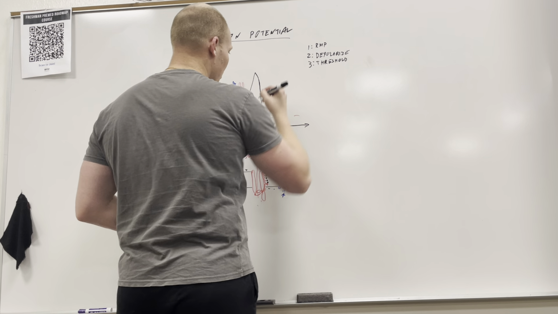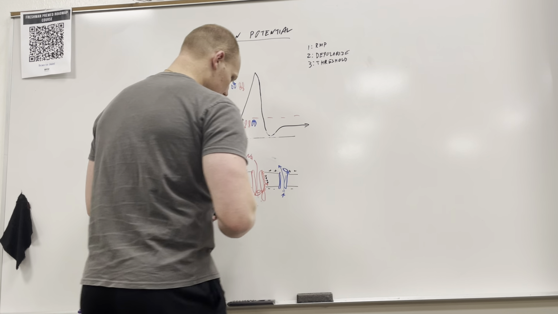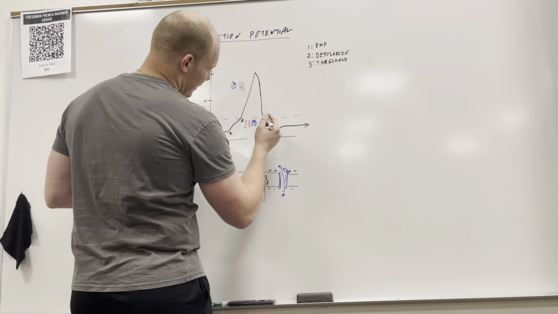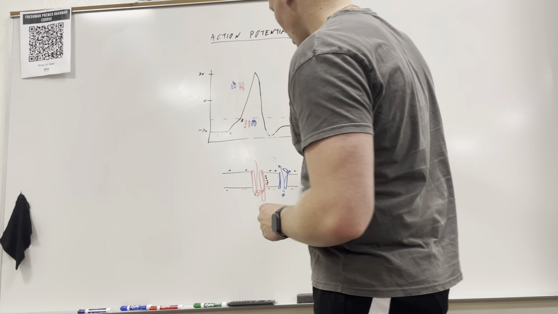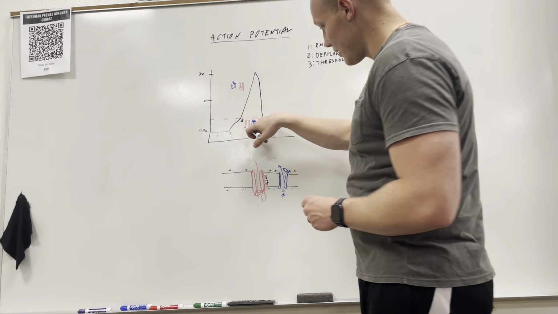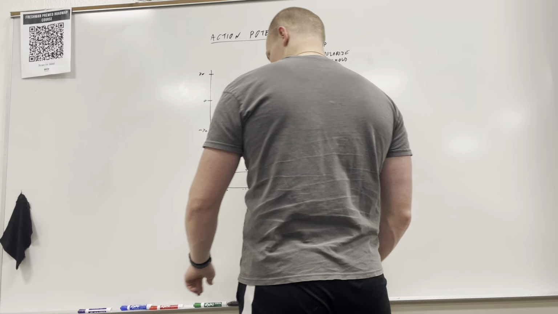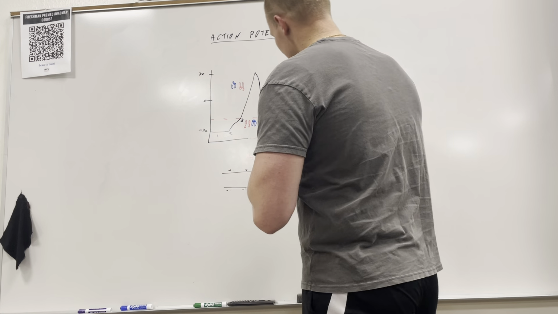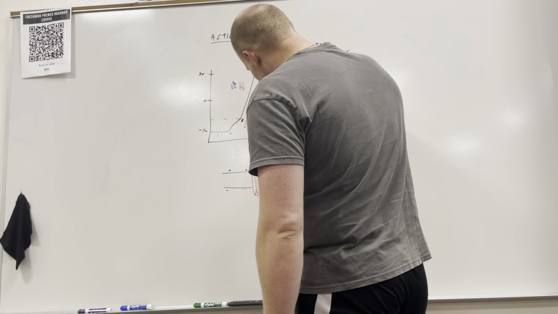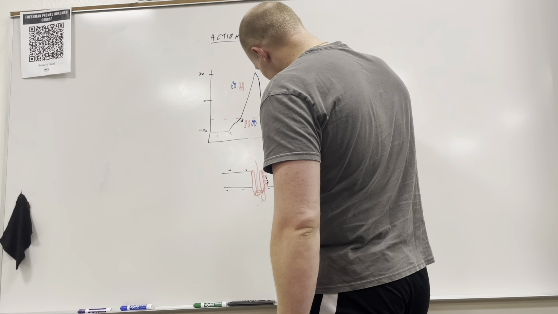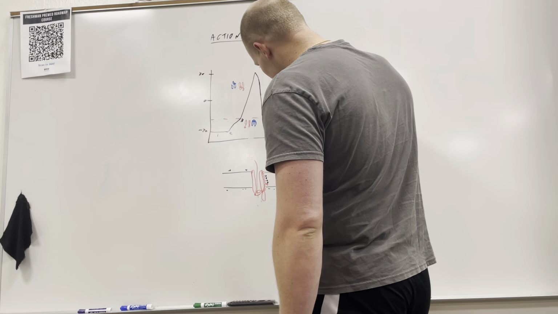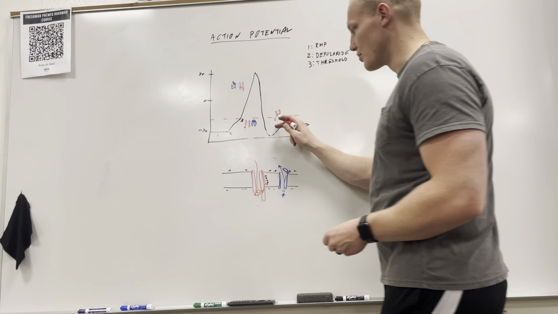And as it repolarizes, these gates remain open. And at this same line here, this same membrane potential charge, the sodium channels go through another conformational shift and they close again.